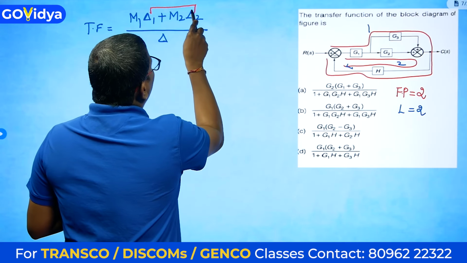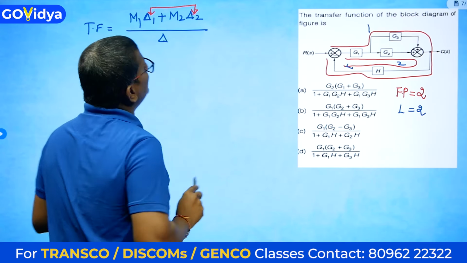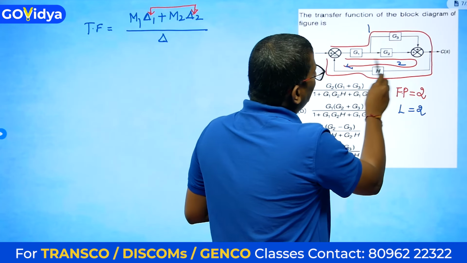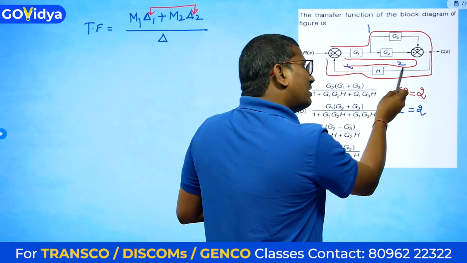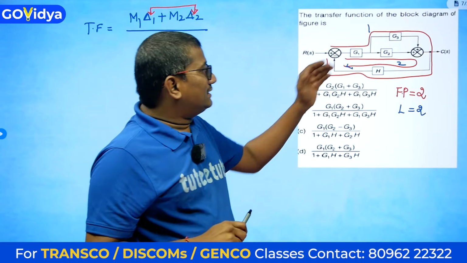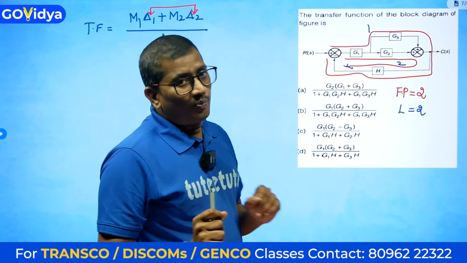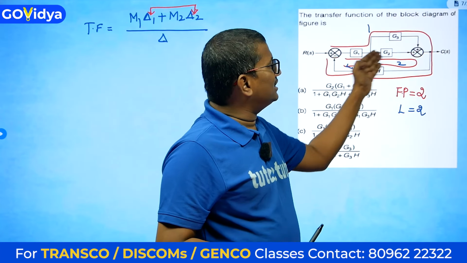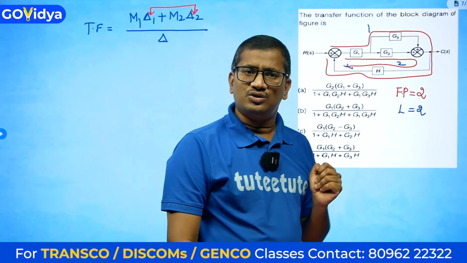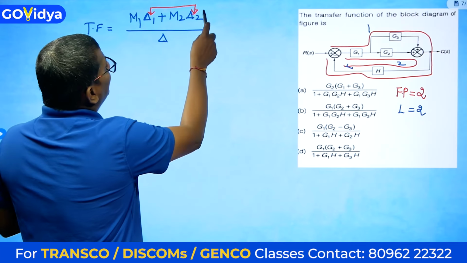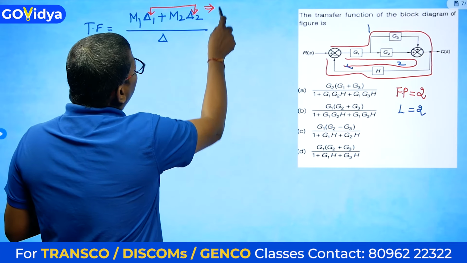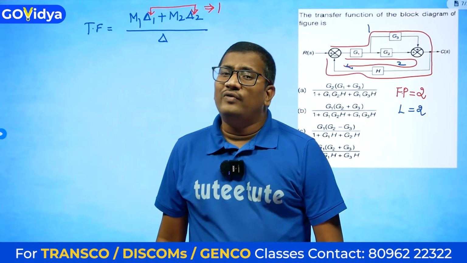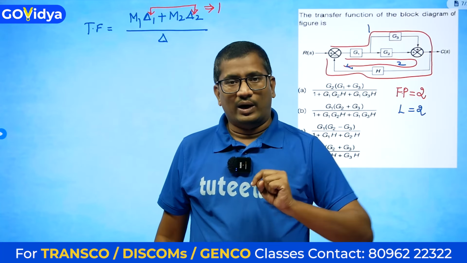Similarly, when you see the second forward path, this is the second forward path, right? In this second forward path also, is this path touching each loop or not? Yes, it is touching these 2 loops. So therefore again, the delta value is going to be 1 only. So finally, delta 1 and delta 2 are both equal to 1.